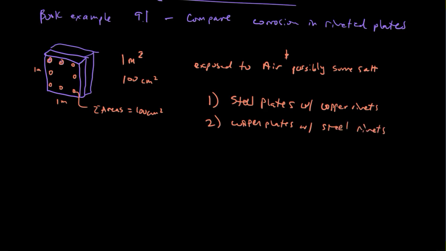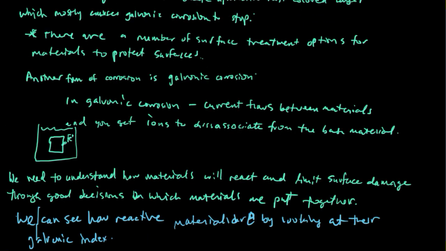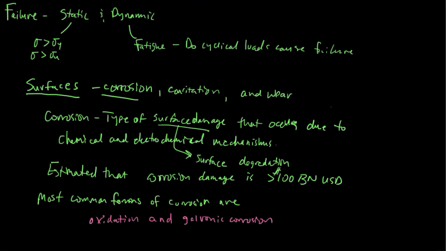Okay, so the purpose of this example and discussion is essentially to just draw your attention to the fact that these are not equal. There's an area effect when it comes to corrosion, and this is a qualitative example, but you should understand qualitatively that by doing this, we joined two materials. If we go back to our galvanic index, which is now up here. Actually, where did it go? I think we lost it.